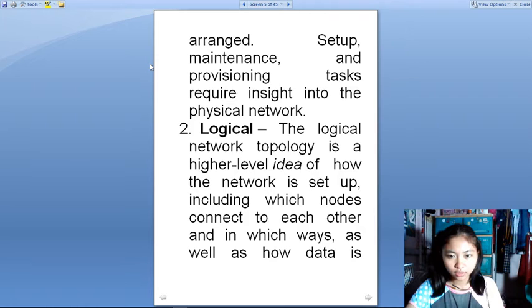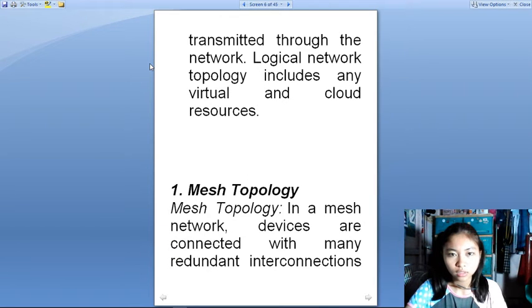The logical network topology is a higher level idea of how the network is set up, including which nodes connect to each other and in which ways, as well as how data is transmitted through the network. Logical network topology includes any virtual and cloud resources.